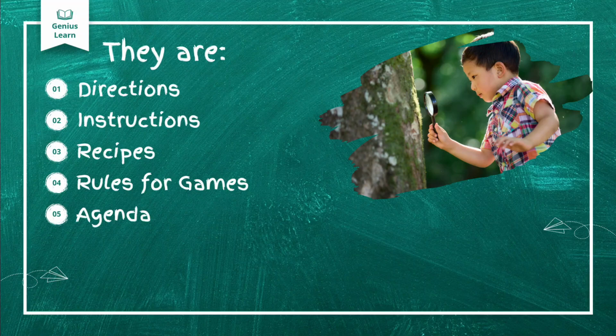And then the last one is agendas. Agenda is like a schedule or plans in a meeting. So I believe in all 5 of these, you have already used at least one in your daily life. Either it is direction, instruction, recipes, rules for games, or maybe agenda.